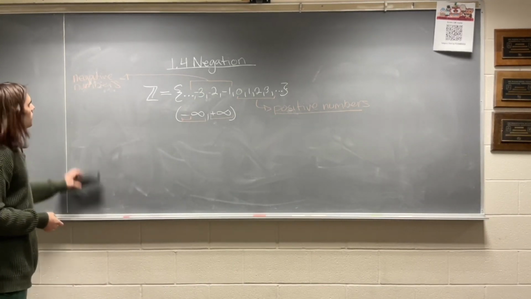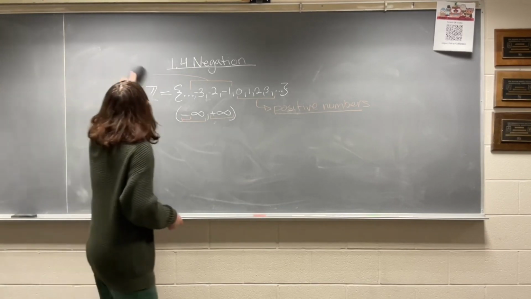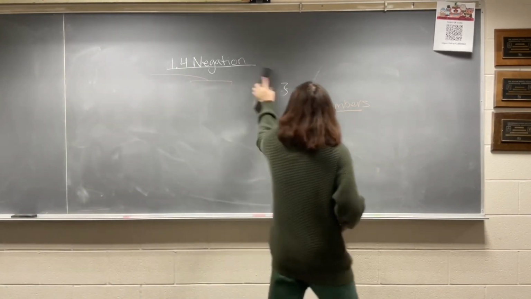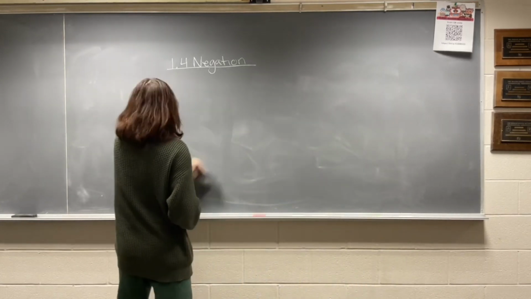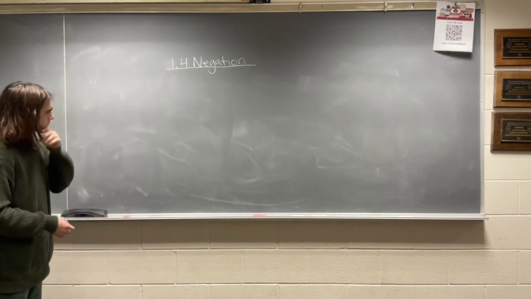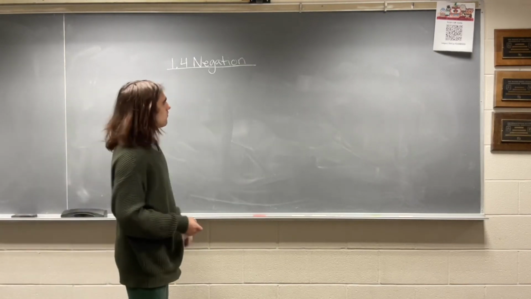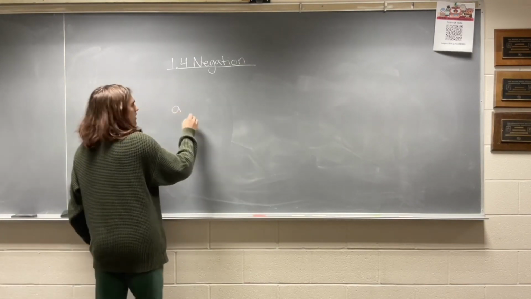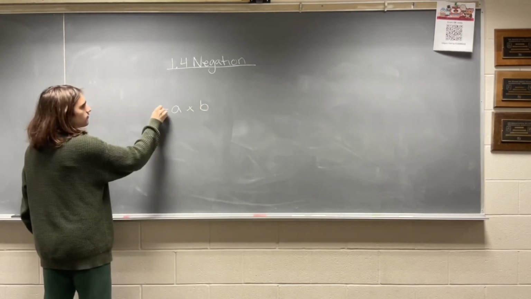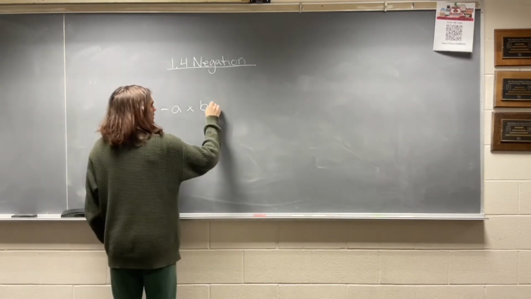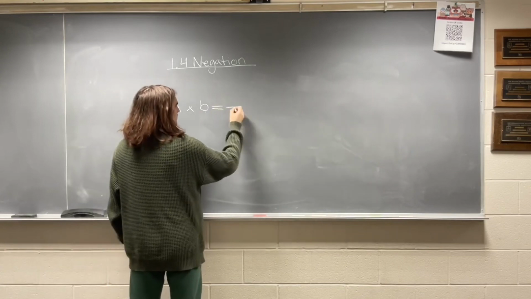So that comes with some interesting notions, especially when concerning things like multiplication. So if we take any two numbers, let's say A times B, but A is negative, we're always going to result in a negative number.